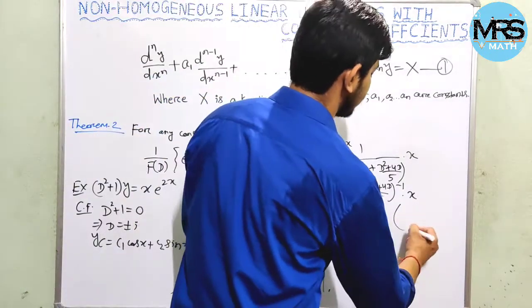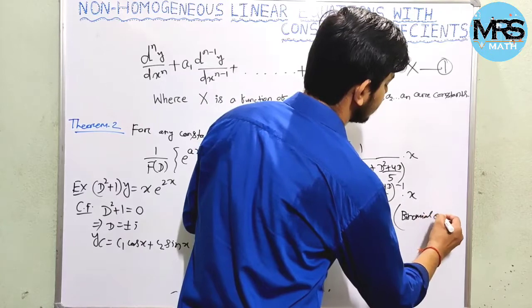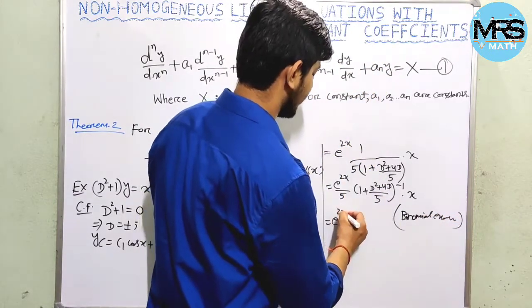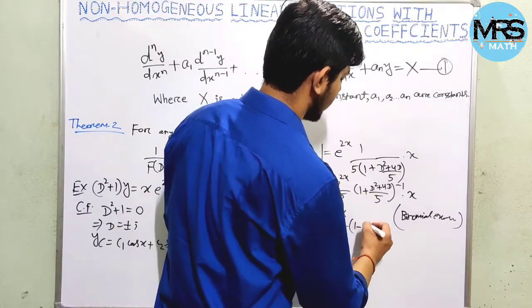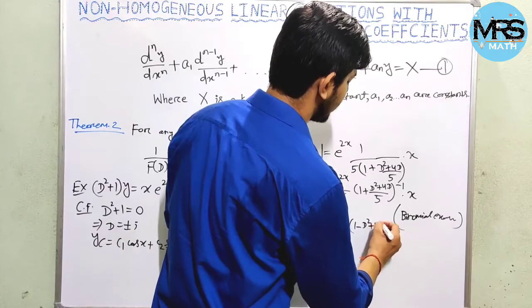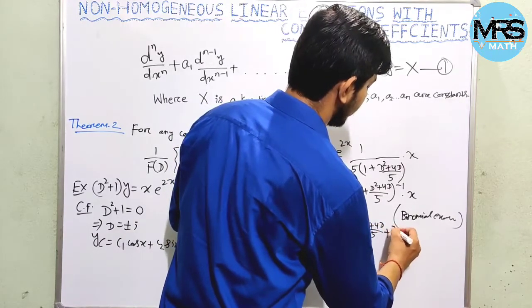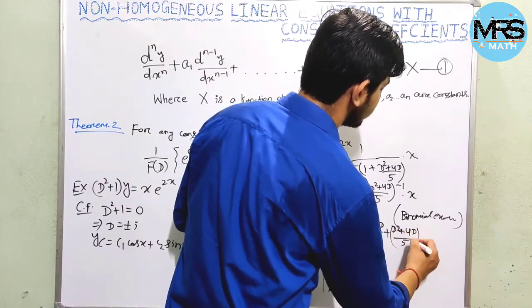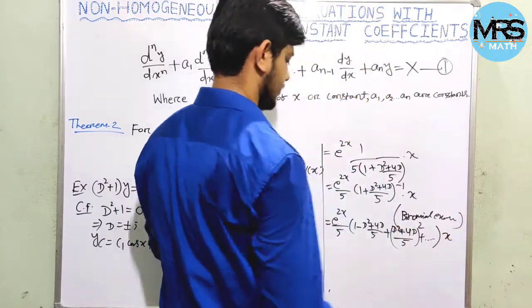Using binomial expansion here, we get e to the power 2x over 5, then 1 minus D square plus 4D over 5 plus D square plus 4D over 5 whole square and so on, into x.